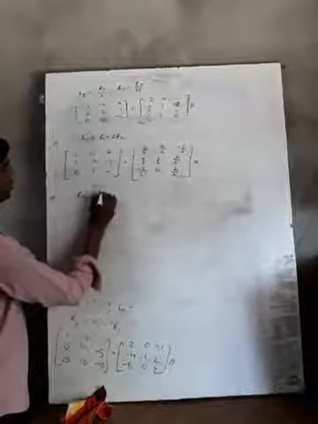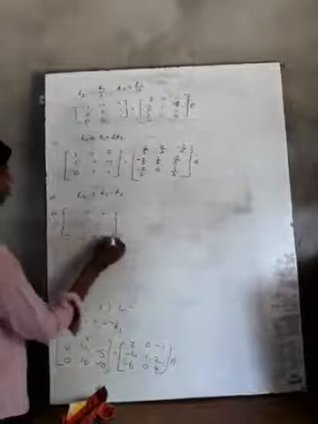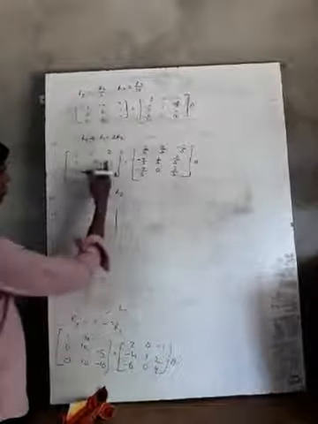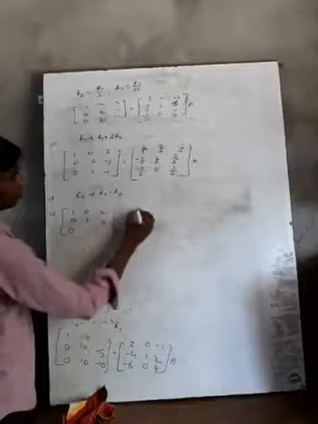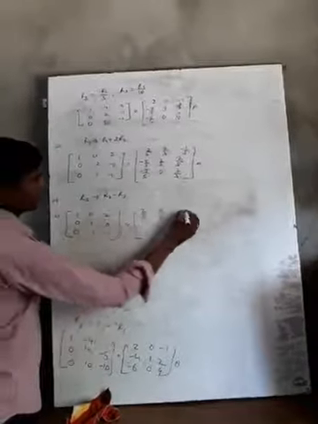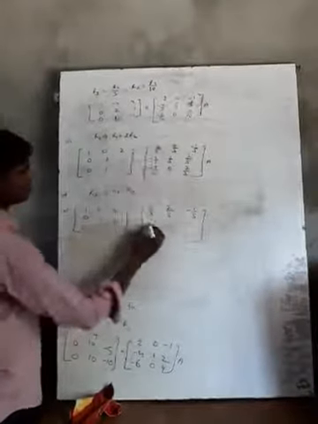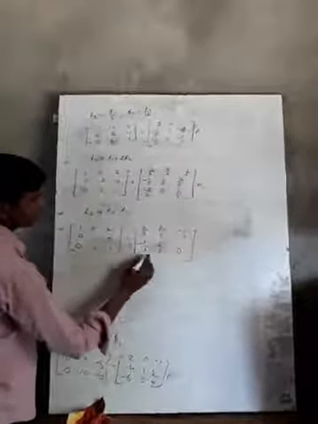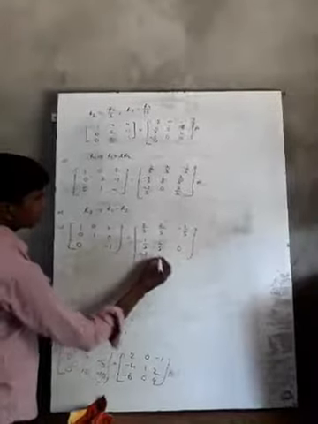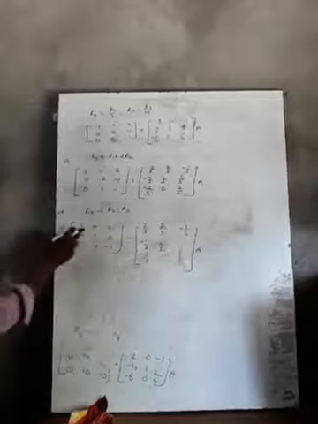R2 will change as R2 minus R3. 1, 0, 2, 0, 1, 0. 0 1 0 0 1 minus 1 and 2 upon 5 minus 1 upon 5, this minus this minus this, minus 1 upon 5, 1 upon 5, 0, minus 3 upon 5, 0 and 2 upon 5, A. 1 0 0 0 1 0.